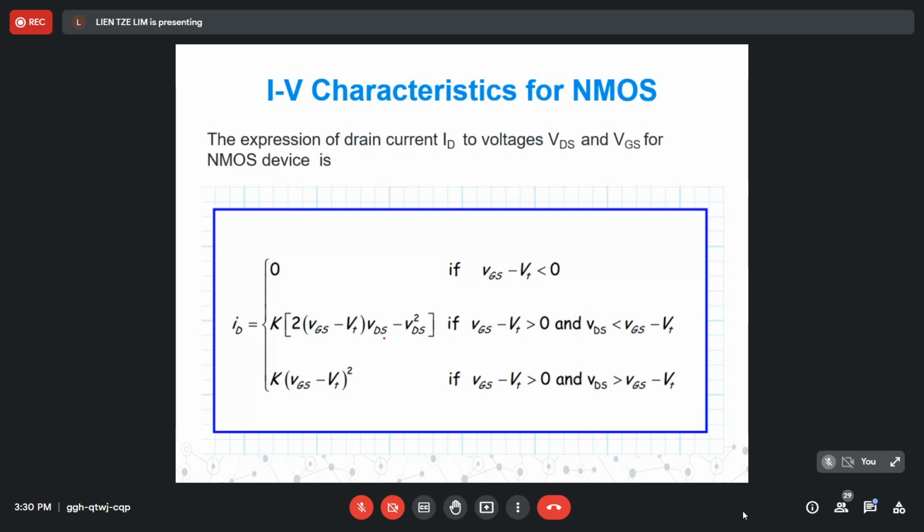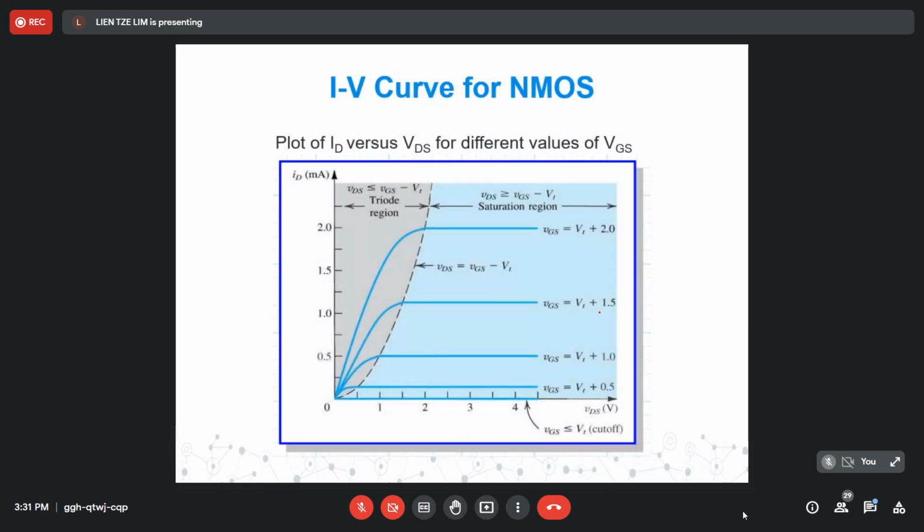And this one summarizes all the drain current in three different modes, with all the conditions of the input voltage. All three are listed here, so you can refer directly to this. Next, this is the IV curve. Usually we can also call it the load curve.